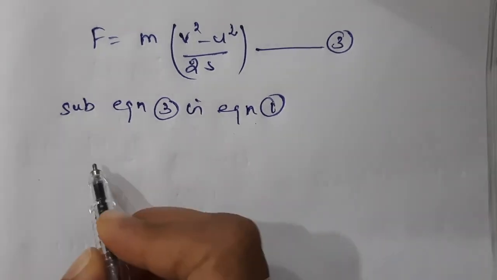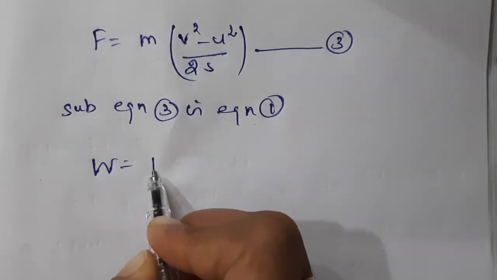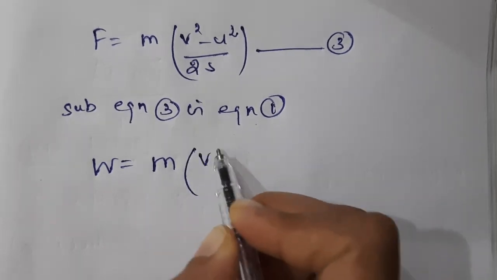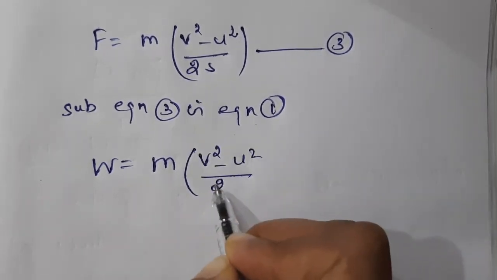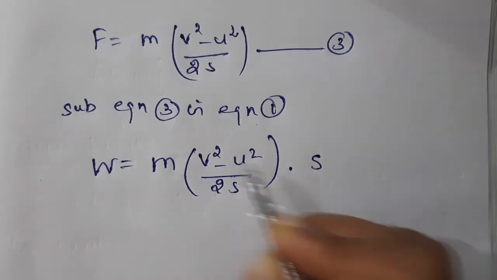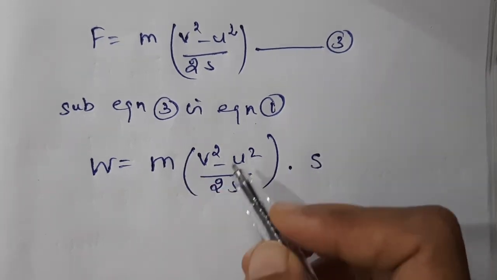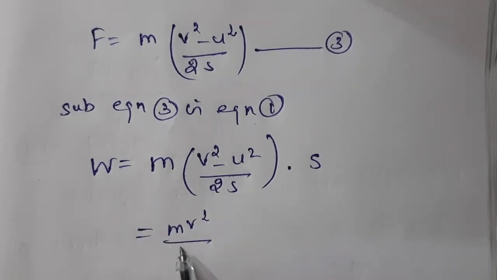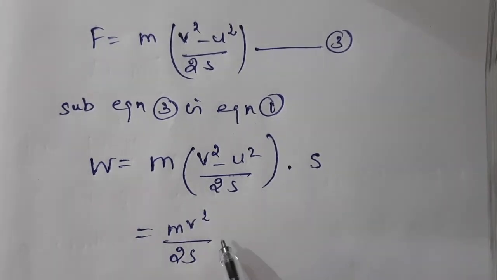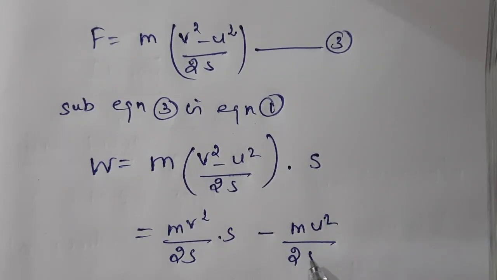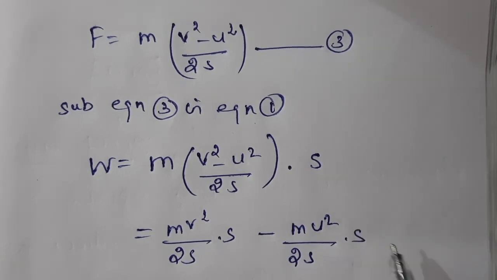So W is equal to Fs. Instead of F, we can substitute m into (v square minus u square) by 2s, into s. This is F, this is s. So how can we write this? m v square by 2s into s minus m u square by 2s into s.